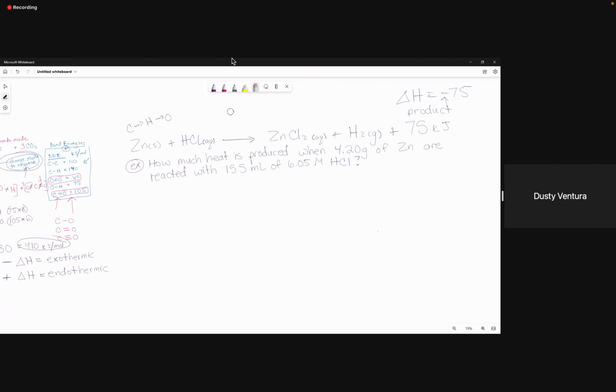Okay, so we want to know how much heat we can make. We have starting reagents, so write your stuff underneath where it belongs.